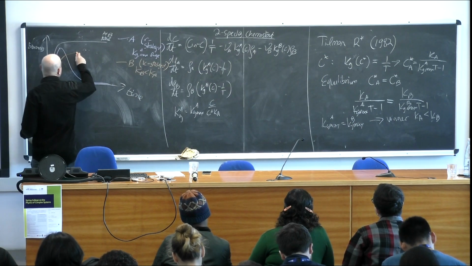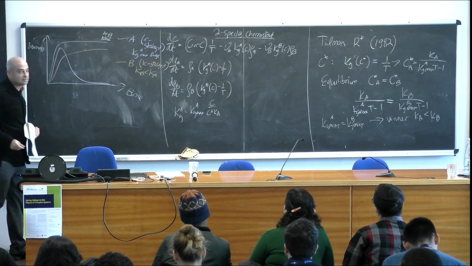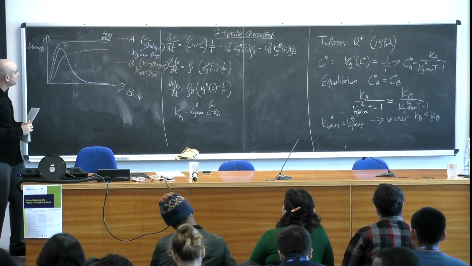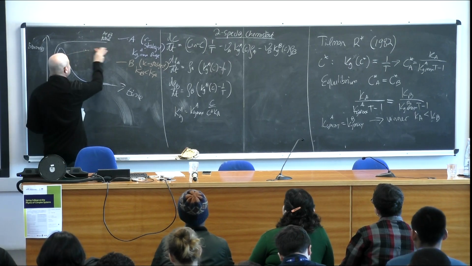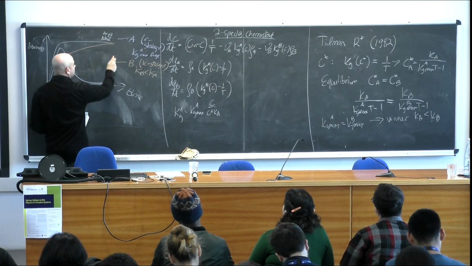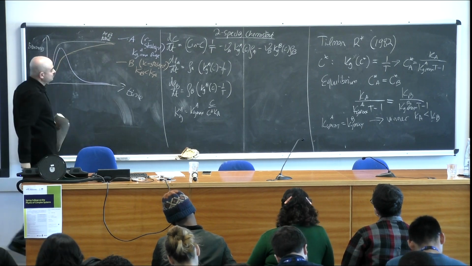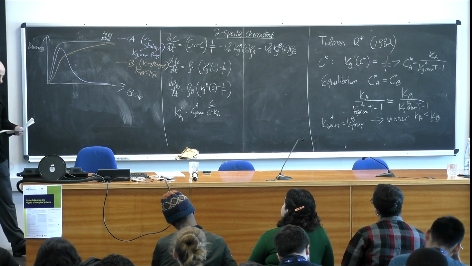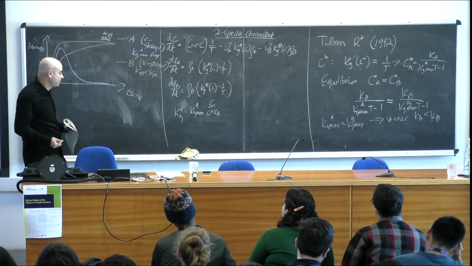And he's going to win at a rather shallow slope, because there's not so much nutrient left, but he's definitely going to win, and actually I should make this asymptote to the total biomass. So this is an example of Tillman's R-star theory.